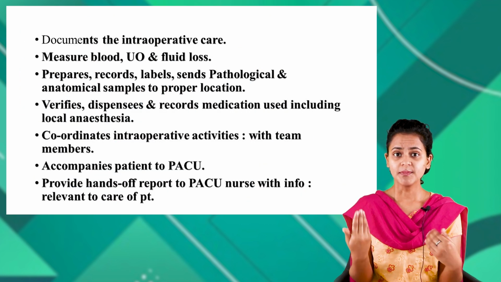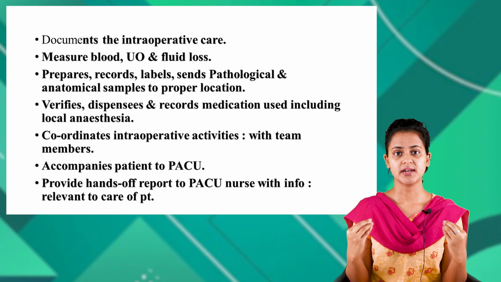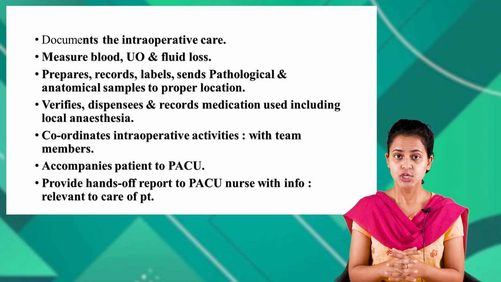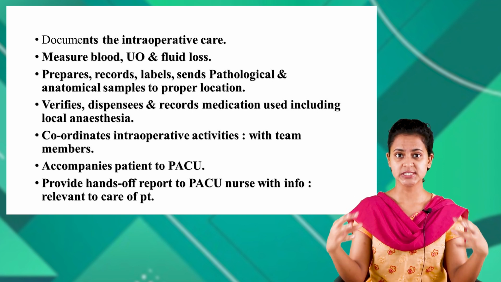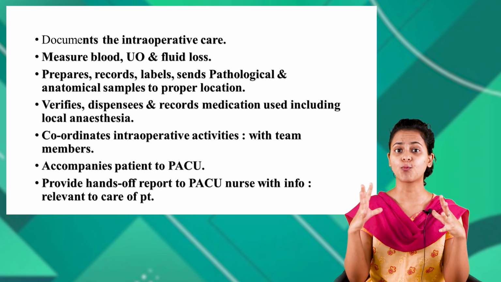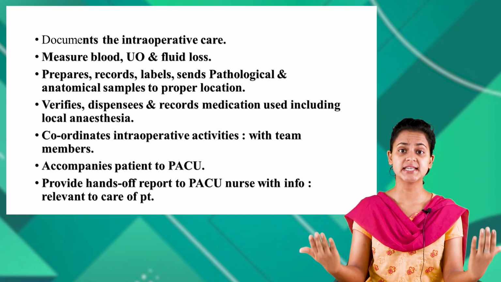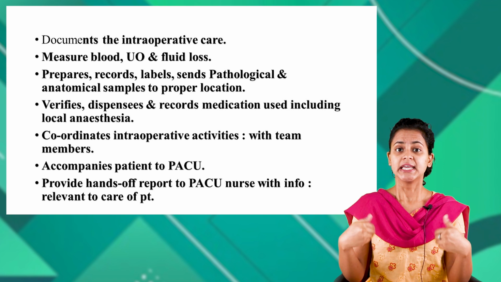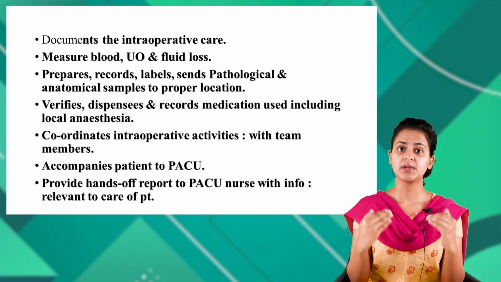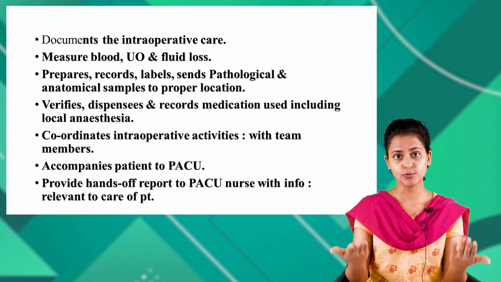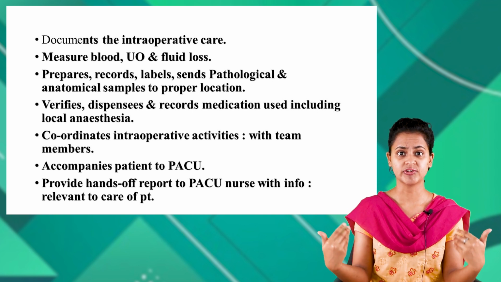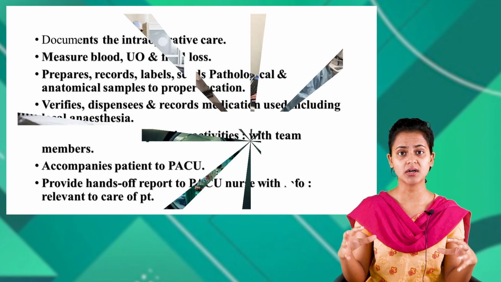Documentation is a very vital and major role of the circulatory nurse. During the whole procedure, the circulatory nurse is the one who will be maintaining the documentation. They will also be monitoring the blood and fluid loss and any urinary output from the patient who is undergoing the surgical technique.